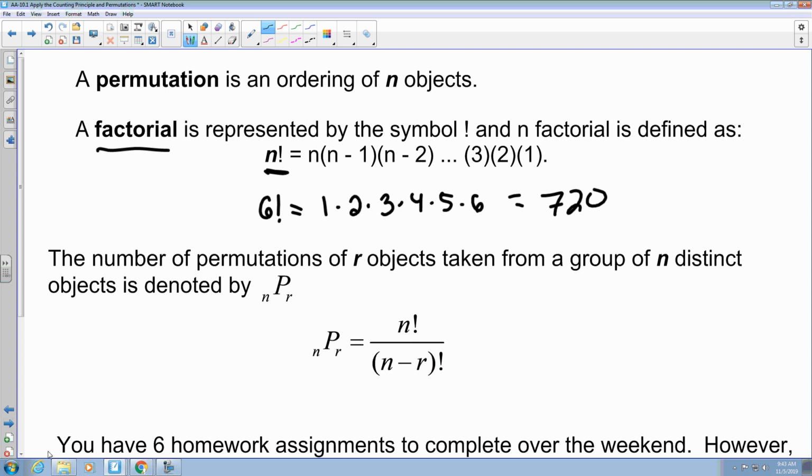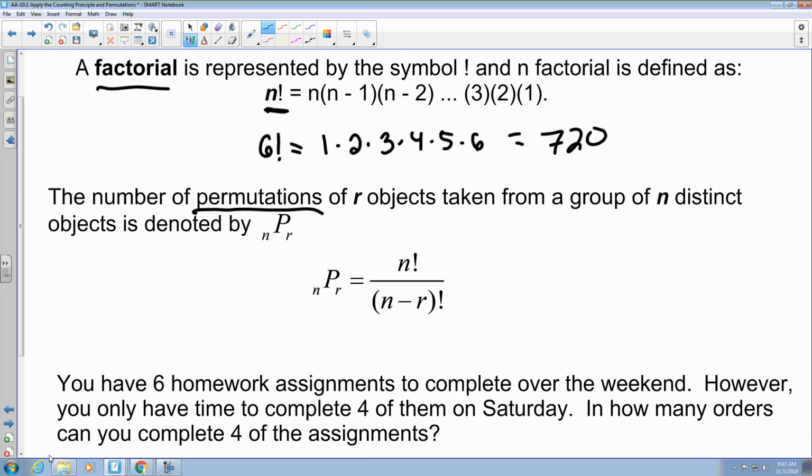But when you're dealing with permutations, not every object is going to be arranged in an equal number of positions. So sometimes you're going to have n objects and arrange them in r different ways. Two things to keep in mind: n must be greater than or equal to r. That must be true.